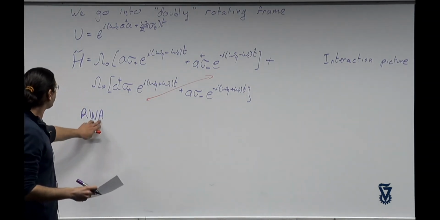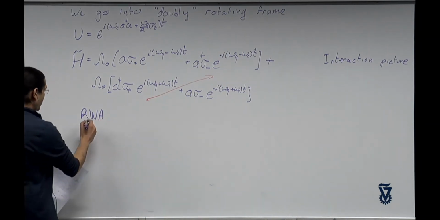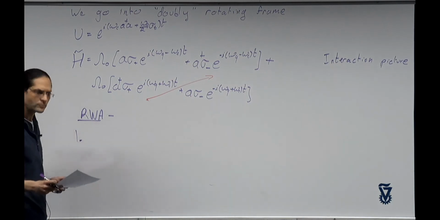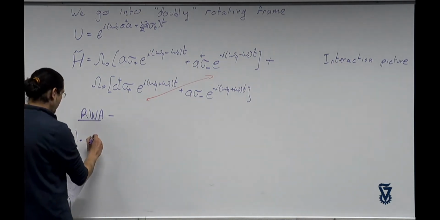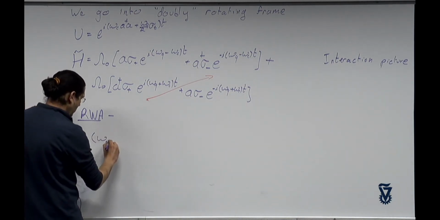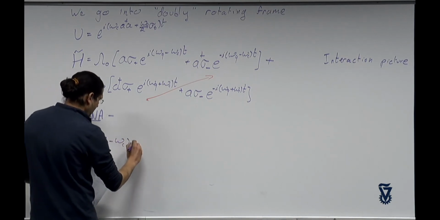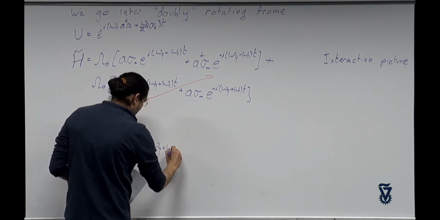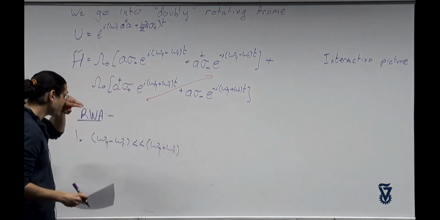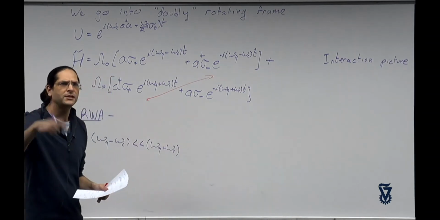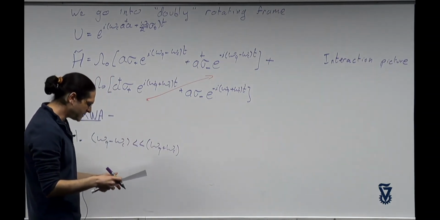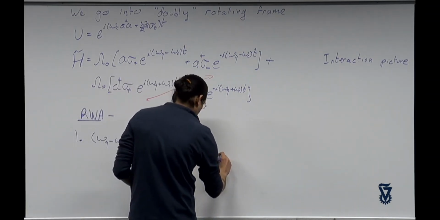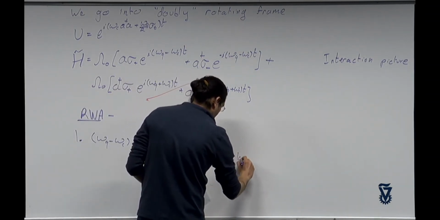But so the rotating wave approximation, typically what is stated in many books is, okay, omega q minus omega c is much smaller than omega q plus omega c. Thus, these terms are going to be spinning very, very fast and can be neglected. So this is the usual claim.